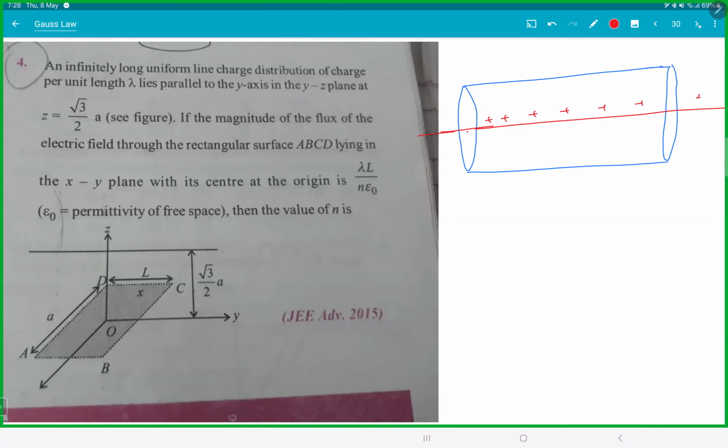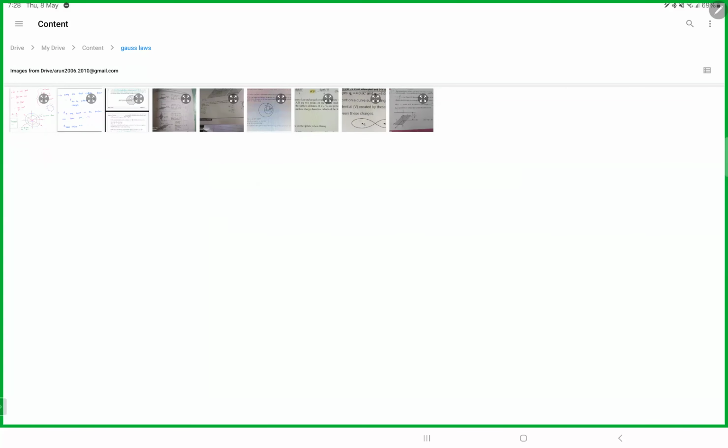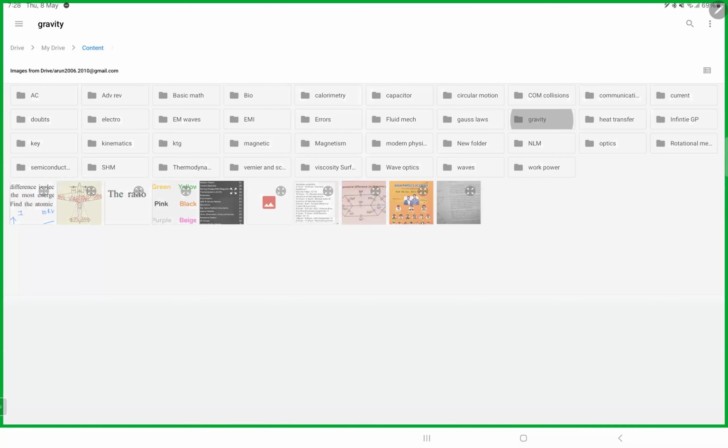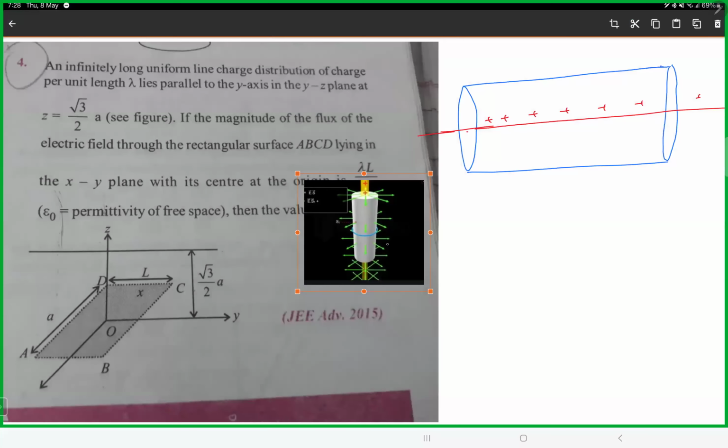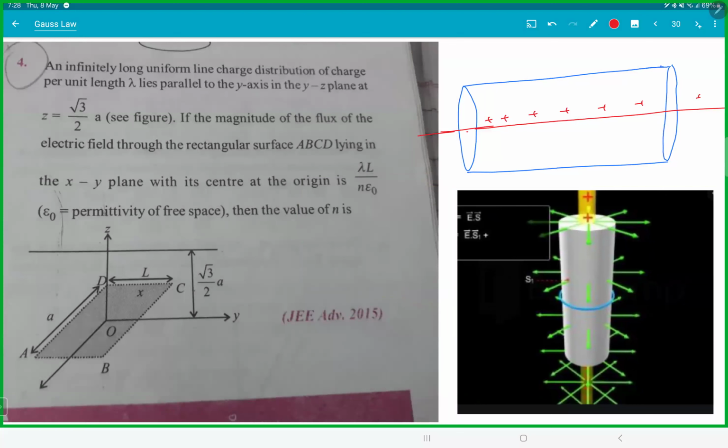So how will the field lines look like? The field lines will look something like this. The field lines would look something of this sort. Isn't it? The field lines are going out radially in all directions. So if you look at the side view, so this was the center, the lambda line charge.